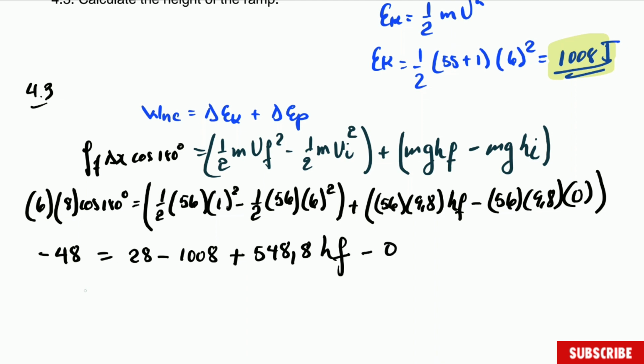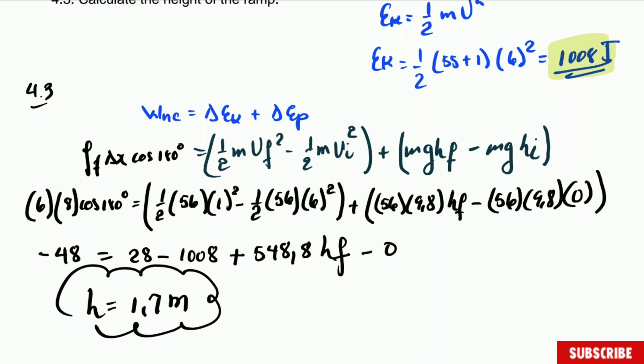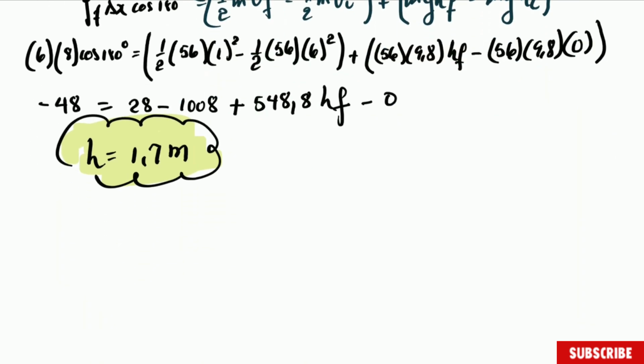And when you do this calculation, you get that the height is equal to 1,7 meters. This is the end of question 4.3. I hope you understand. I think after this video, you won't have any more problem with any question related to the law of conservation of energy or the work energy theorem.